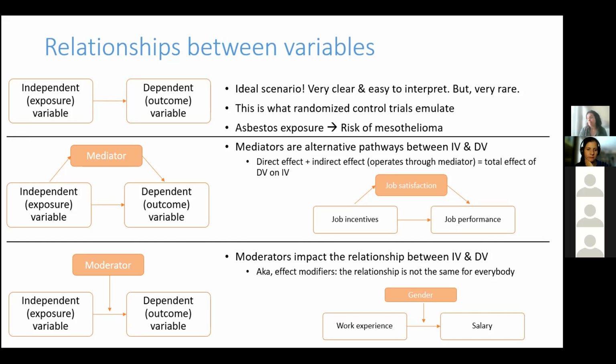So if we didn't stratify our analysis by gender, if we didn't take gender into account and we just looked at everyone all together, we would be missing some of the nuanced relationship that exists, and actually the effect would probably be attenuated in this case because the female worker effect would not be included. So again, really thinking hard about your outcome, what you think your independent exposure variables are, and other pathways and other variables that may be affecting those relationships. This is a key part of thinking about your study design and setting up your analysis.